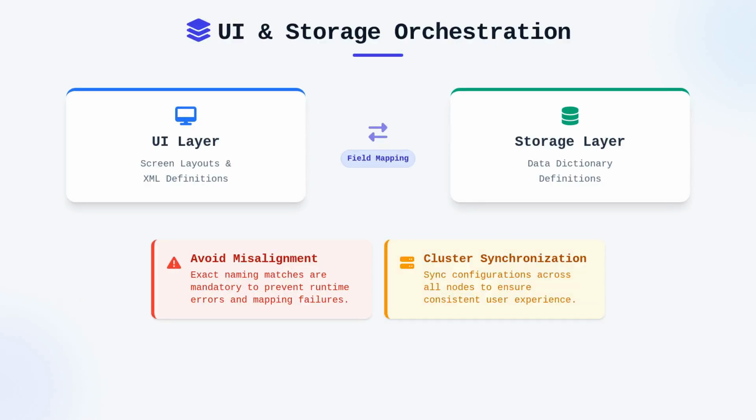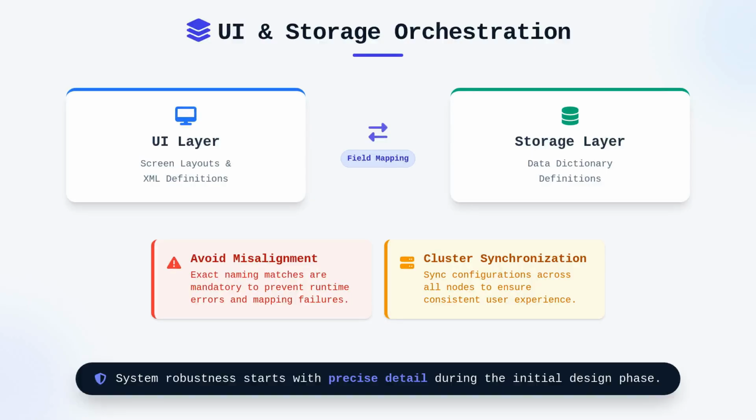When deploying these validations, ensure that your environment configurations are synchronized across all nodes in a cluster to prevent inconsistent behavior for users moving between application server instances. System robustness relies on this level of attention to detail during the initial design phase of your UI customization strategy.